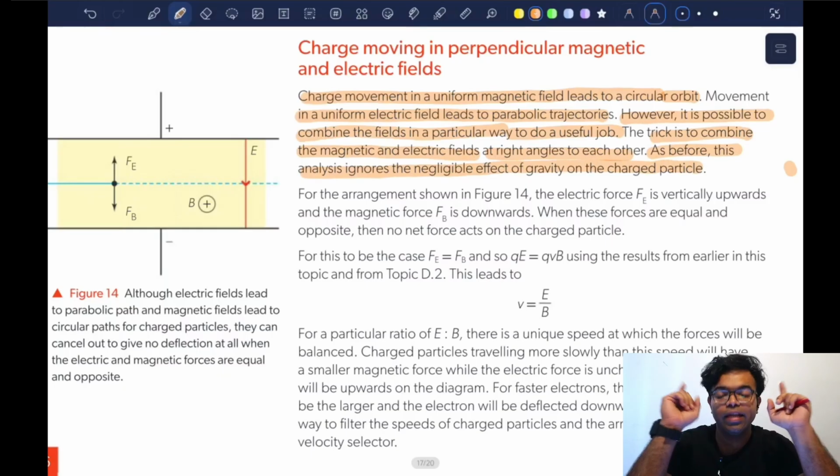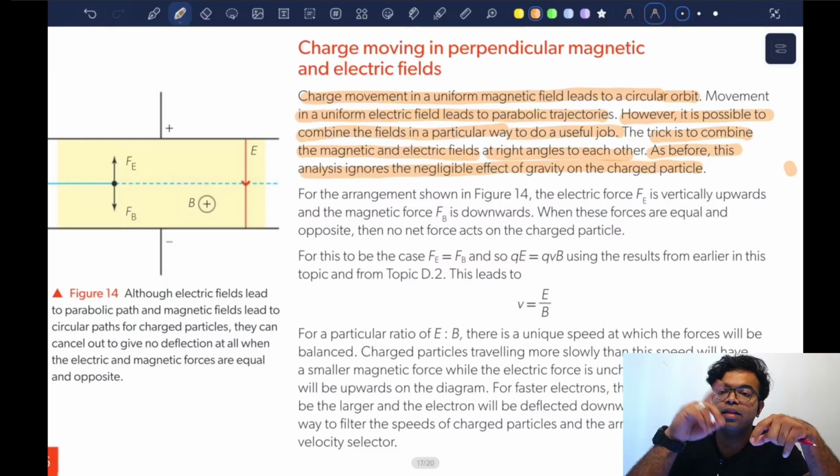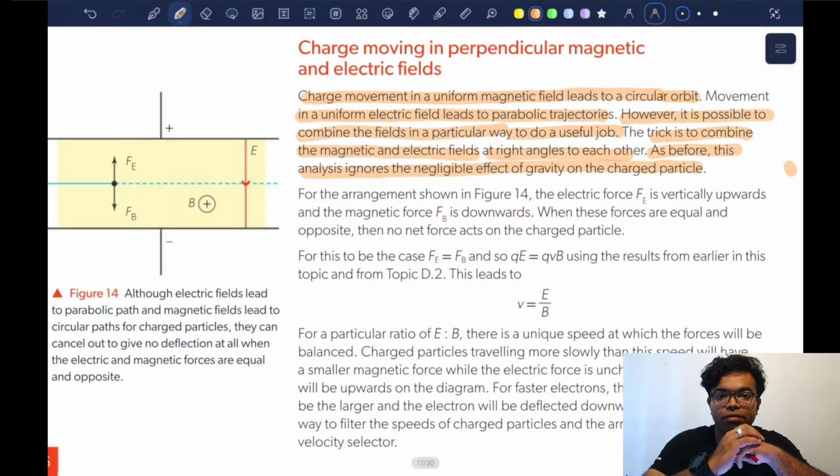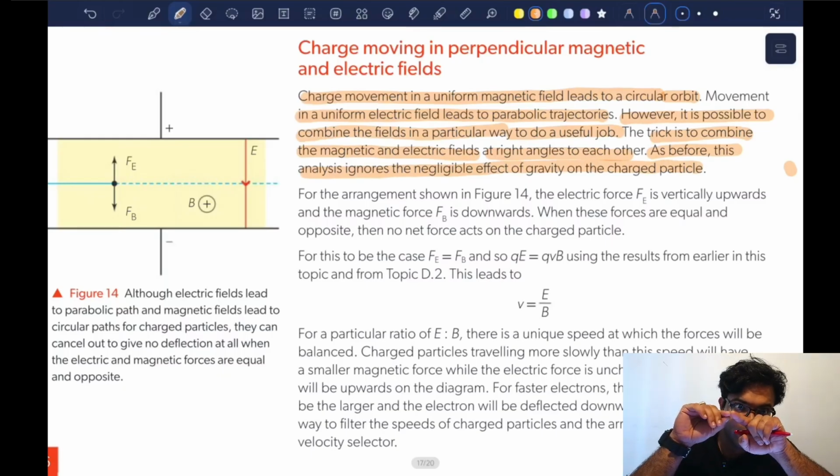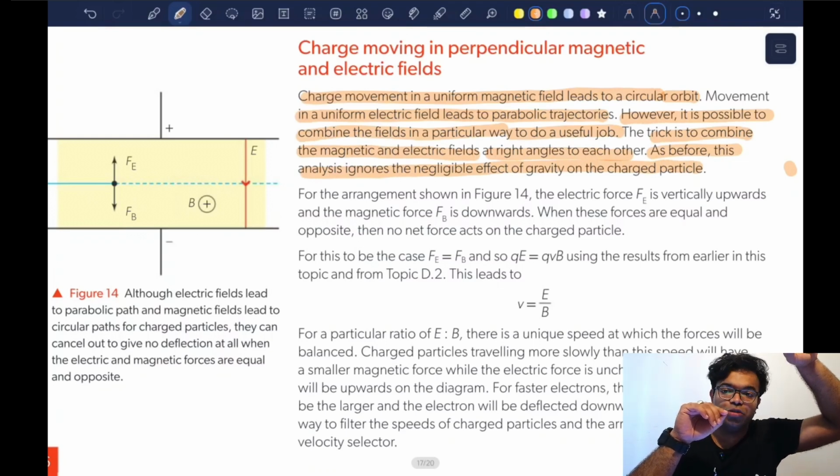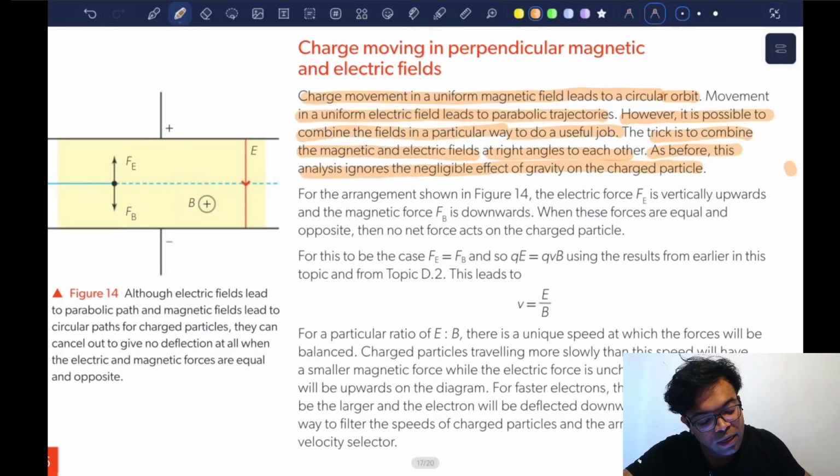See, because the electric field is from top to bottom, the upper plate will be positive. So, when the electron enters this electric and magnetic field, it will start moving in the upward direction. So, what is going to happen? The Fe is vertically upwards.